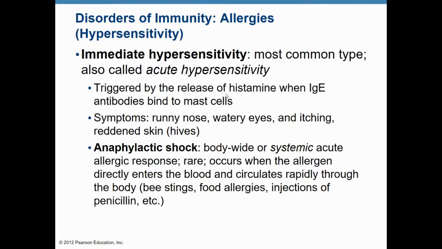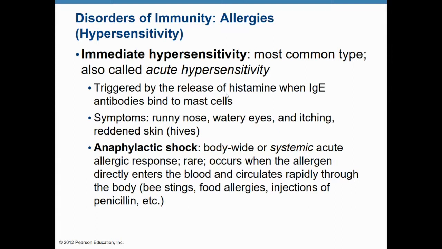We also have immediate hypersensitivities, and this is the most common type. They're also called acute hypersensitivities. And remember we said immunoglobulin E plays an important role in our allergies. So these immediate hypersensitivities are going to be triggered by the release of histamine when immunoglobulin E binds to a type of white blood cell called a mast cell.